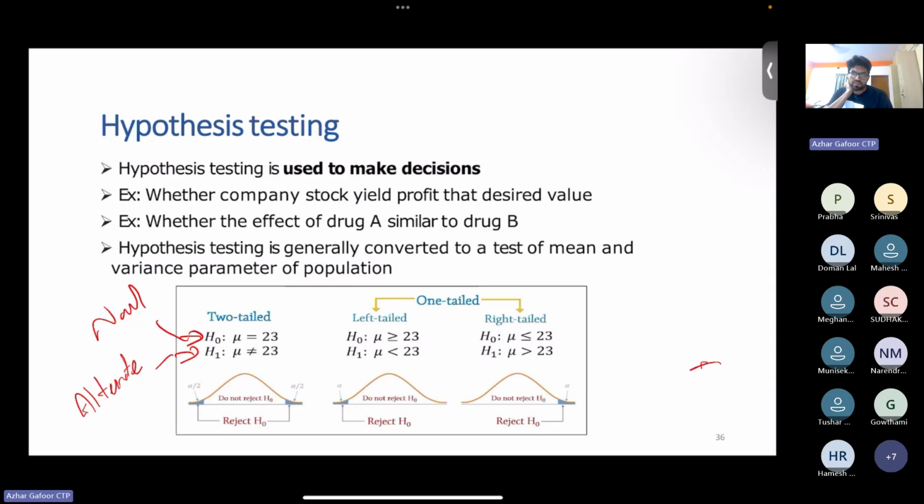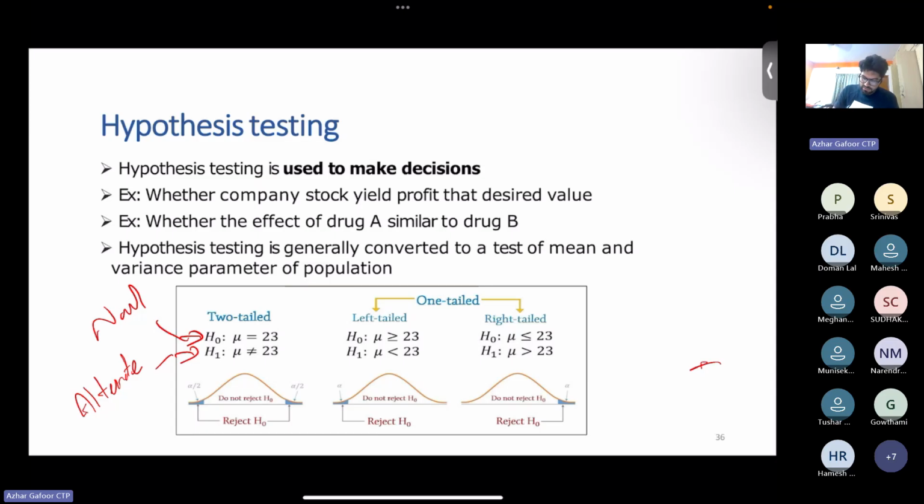We just need to prove the mean is not 5.8 feet. In such cases we use a two-tailed test. And for one-tailed, we say the height of a person is not less than 5.8 feet. In that case, we have to prove the other way.